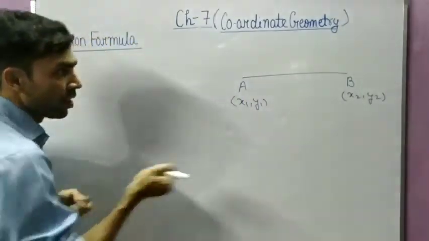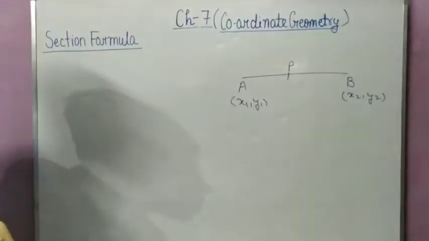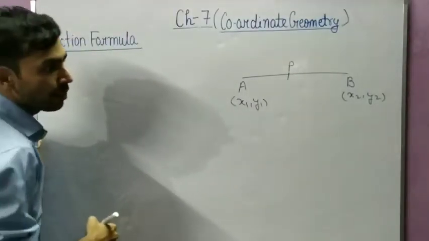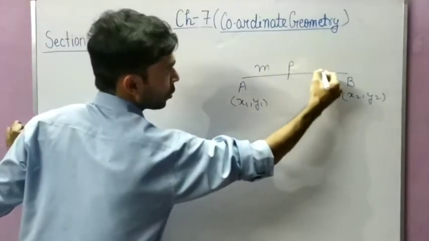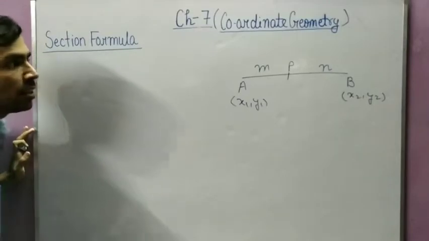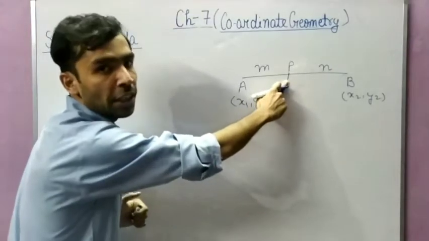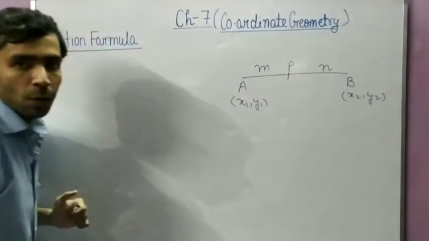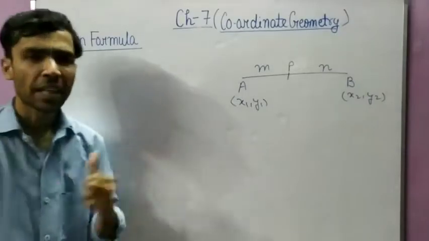So suppose there is a point P which divides AB as m ratio n. So with the help of the section formula, we can find the coordinates of P, okay? I am going to repeat this statement again.